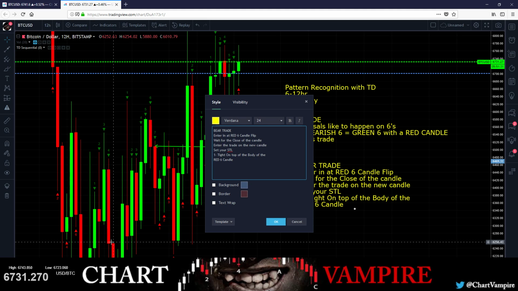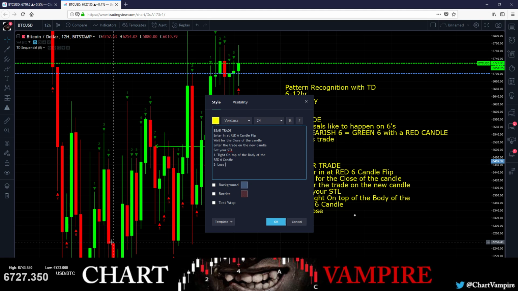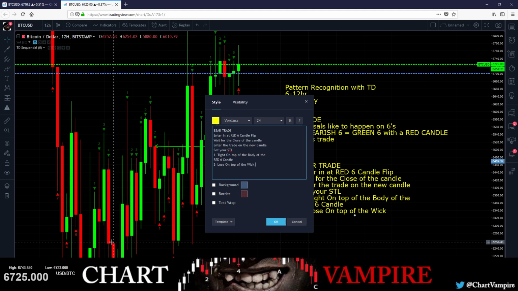And then you would have had loose, which would have been on top of the wick of the red 6 candle, and it should say previous.